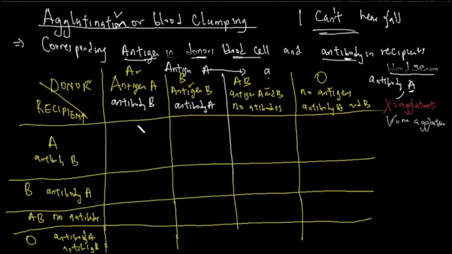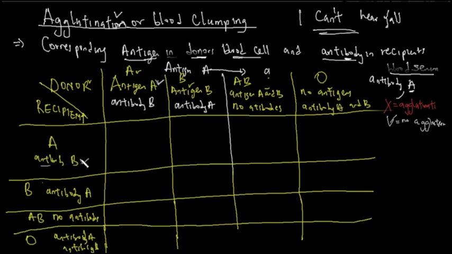Now, class, are we all there? Are we still here? Where was I? I said that if we are considering the first one, antigen A entering where we have antibody B, would there be any problem?